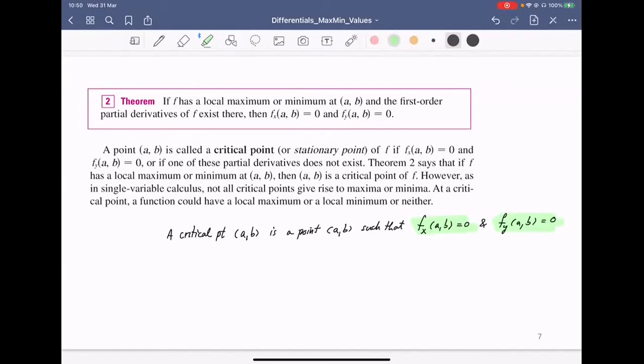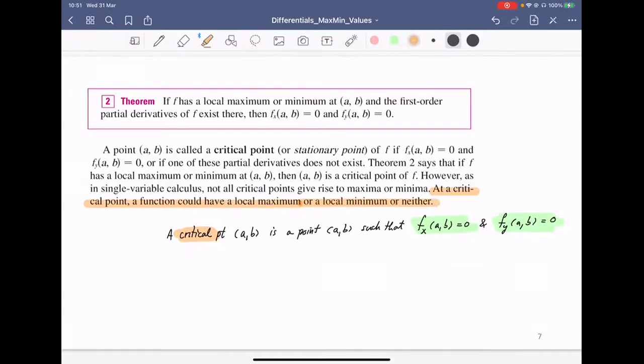And the same concept, the critical points are going to be all the candidates for max and min. At a critical point, a function could have a local max or a local min or neither. Sounds good. So, the same thing as in calculus 1.